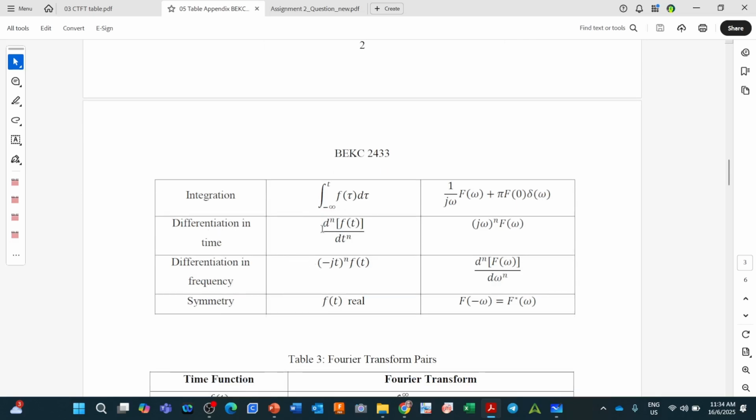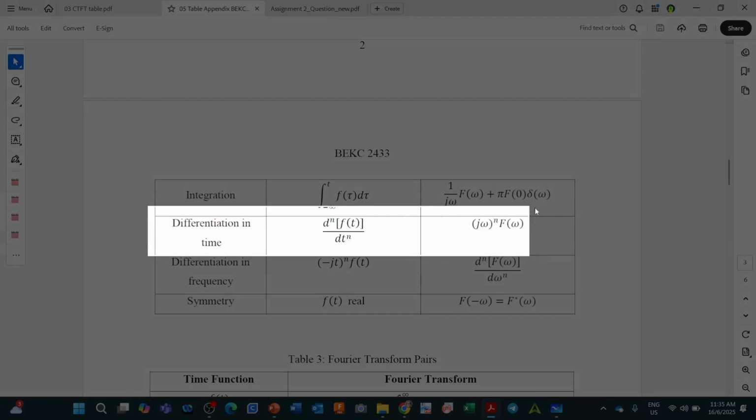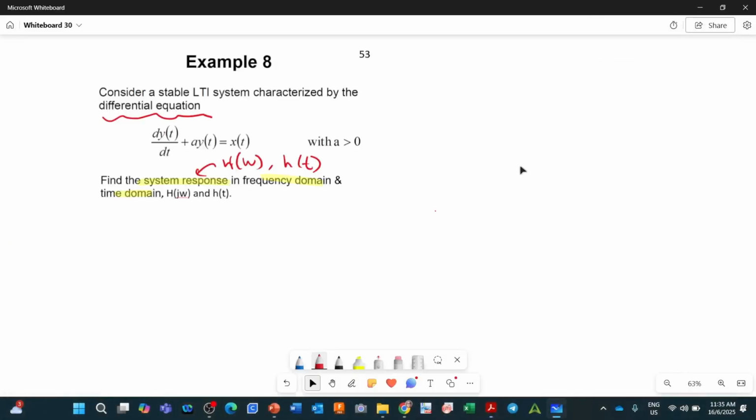So you can see that there is d^n f(t)/dt^n, then you get the Fourier transform as (j omega)^n F(omega). So basically we are going to use this transformation.